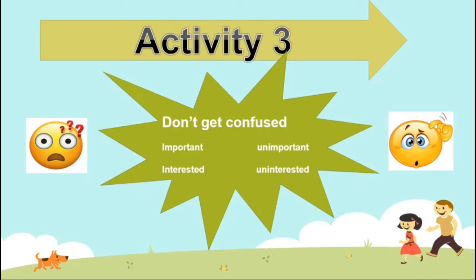Important is a whole word, this stem. And if we want to know the opposite, we will add un as a negative prefix, and you will find unimportant is the opposite of important. Interested, also it started with in, but it's not a prefix here. Uninterested, un here is a negative prefix that gives the opposite of interested.